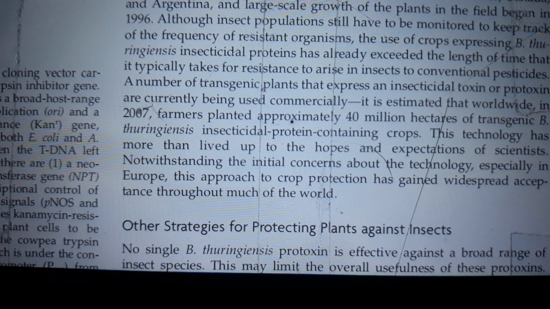A number of transgenic plants that express an insecticidal toxin or protoxin are currently being used commercially. It is estimated that worldwide in 2007, farmers planted approximately 40 million hectares of transgenic Bacillus thuringiensis insecticidal protein-containing crops.